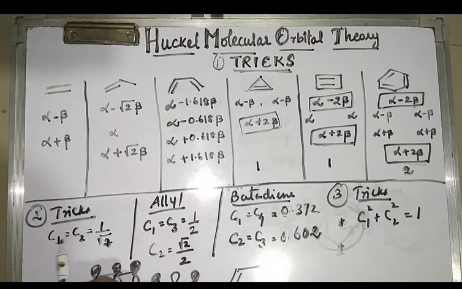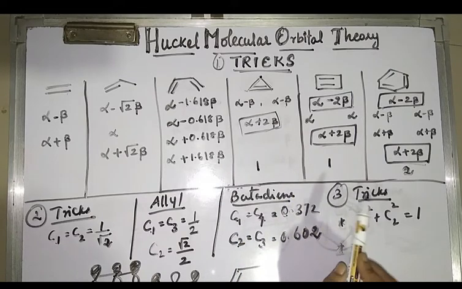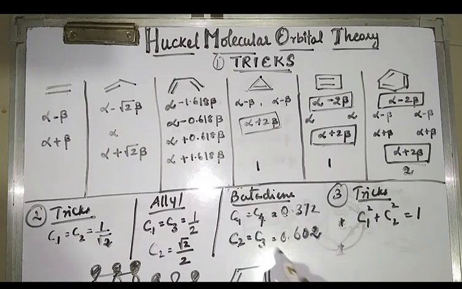I already said, C1, C3 and C1, C4, C2, C3. These values you can check. If it is butadiene, you can check whether C1 and C4 are the same or not. In C2, it may be some other value.